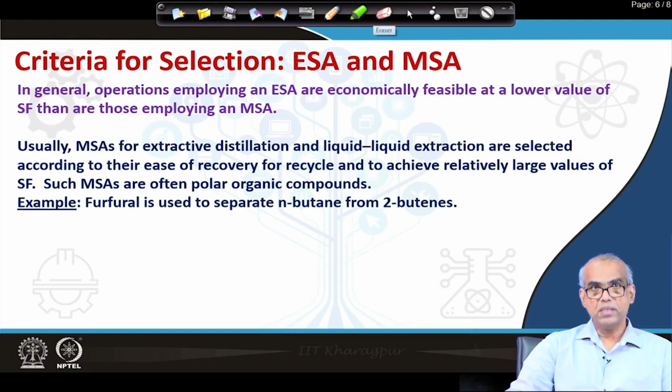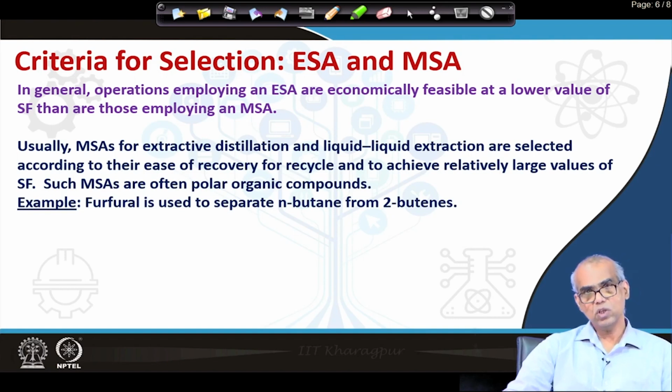Usually, mass separating agents for extractive distillation and liquid-liquid extraction are selected according to their ease of recovery for recycle and to achieve relatively large values of separation factor. So, the selection of mass separating agent should be based on mainly two considerations.